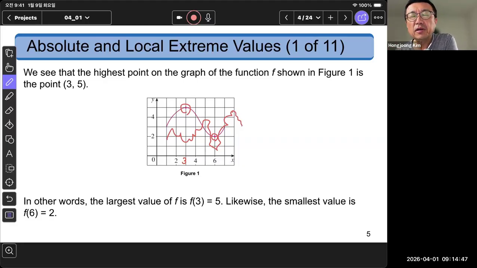And in that case, finding the smallest value seems to be a little bit challenging. You may find some approximate value of the largest or the smallest value, but finding the exact value seems to be a little bit difficult, right? So in that case, we need to apply some mathematics.